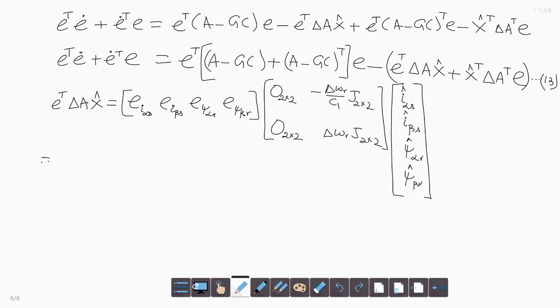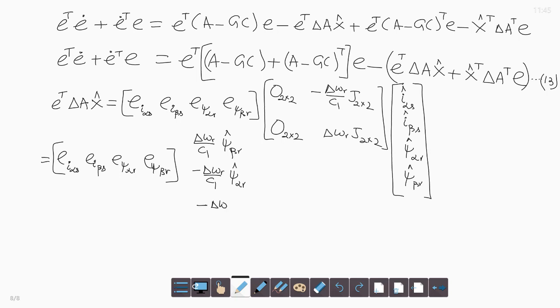So we have this as E I alpha S, E I beta S, E psi alpha R, E psi beta R. This is the error vector transpose, and multiplying the 4 by 4 matrix at the center and the 4 cross 1 vector at the right, we have delta omega R by C1 into psi beta R hat, minus delta omega R by C1 into psi alpha R hat, minus delta omega R into psi beta R hat, delta omega R into psi alpha R hat.